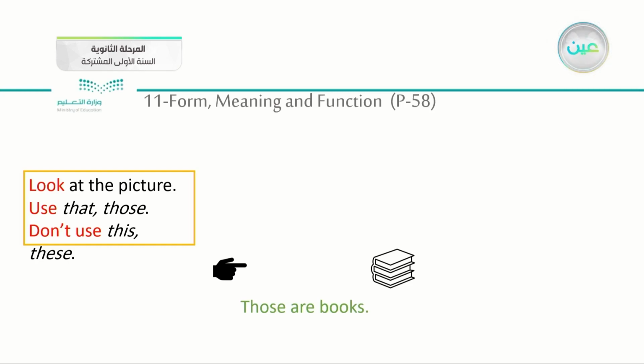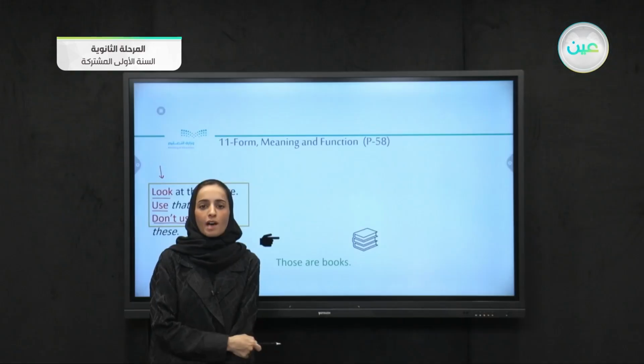I want you to look within the box in here. Look at the words that are in red. Look at the picture. Use this or that, that or those. Don't use this or these. What am I trying to do in here? Actually, I'm trying to give you a command. Do it. Don't do that.